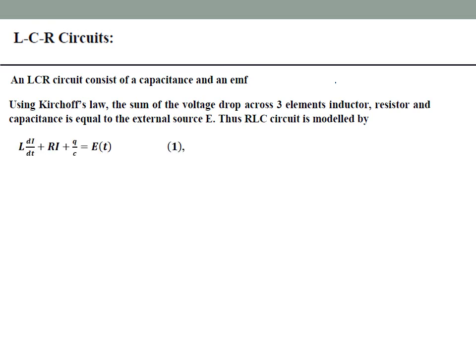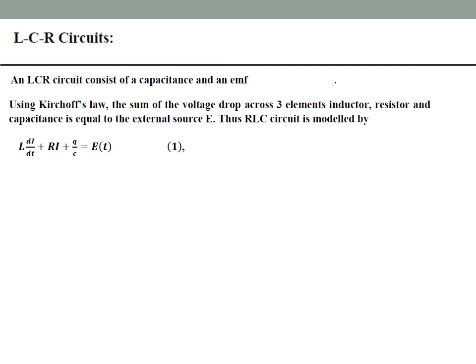Thus an LCR circuit is modeled by L di/dt plus Ri plus q/C is equal to E(t). That is, the sum of the three voltage drops is equal to the external source E(t), correct? Now what is current actually?